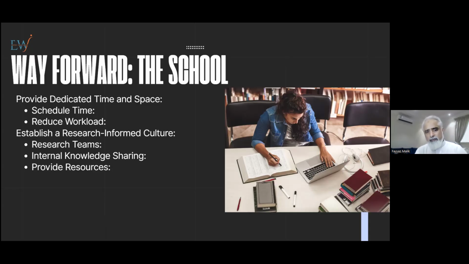And then establishing a research-informed culture. Right from the start of the academic year, the management needs to initiate this process. So they have to arrange research teams with clear focus, goals, what to achieve, when to achieve, and how to bring it into workable situations, maybe a publication, maybe a presentation, maybe a PD session where teachers share their research.